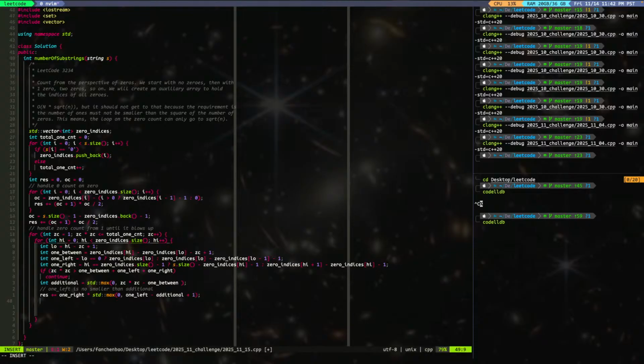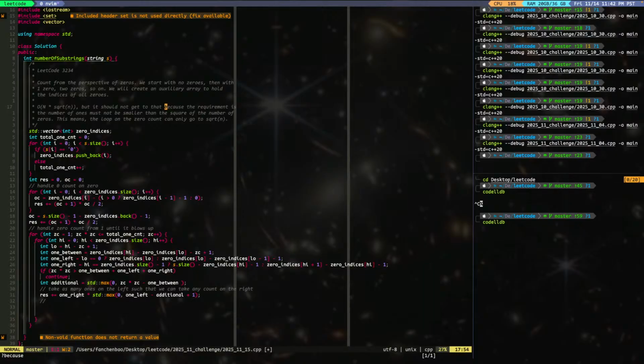Okay, so now what the point is, take as many ones on the left such that we can take any count on the right.